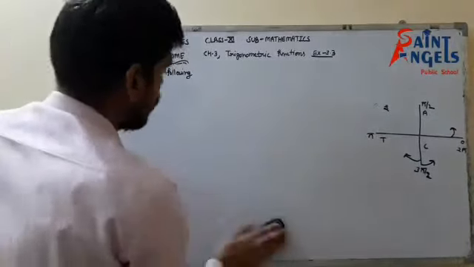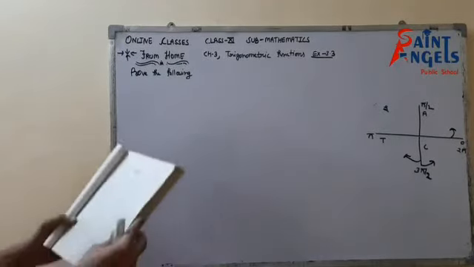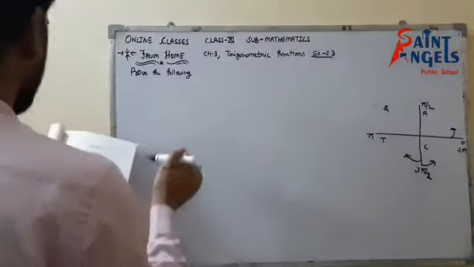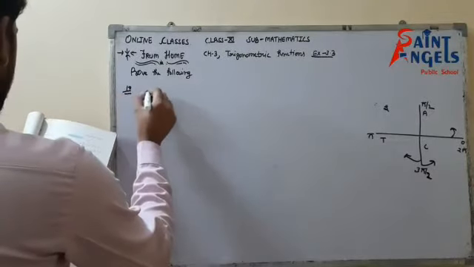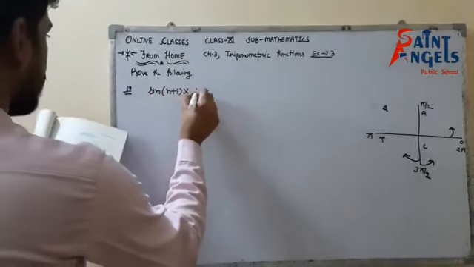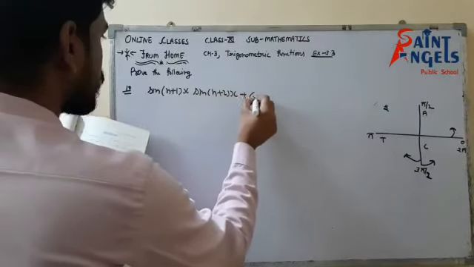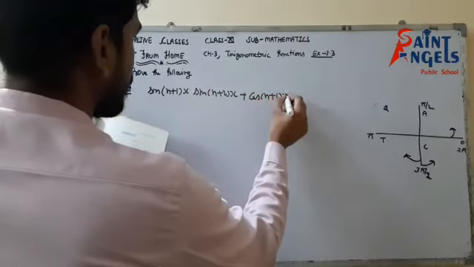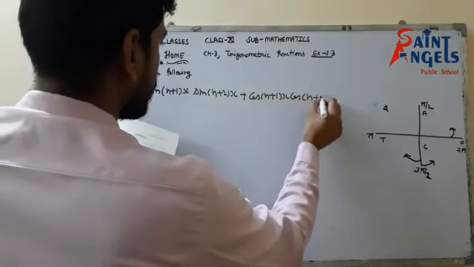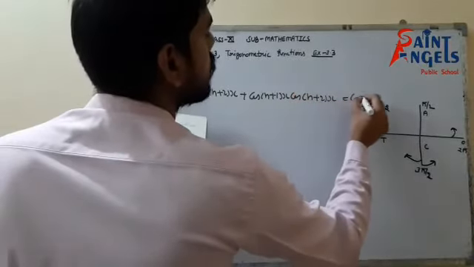Now let us look at question number 10. Question number 10 is similar to question number 6, exactly the same. This is sin(n plus 1)x sin(n plus 2)x plus cos(n plus 1)x cos(n plus 2)x equals cos x.